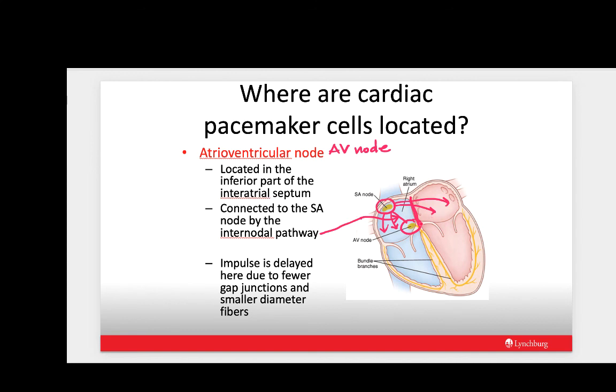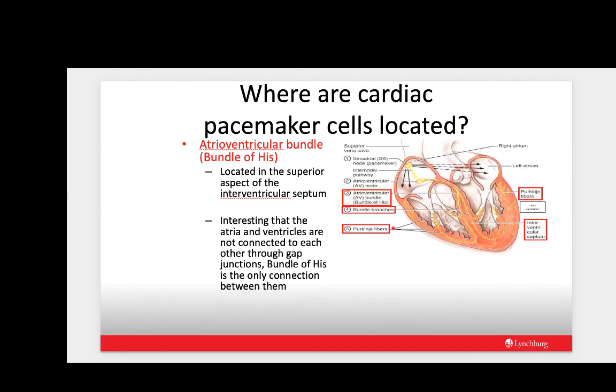Now, once the impulse hits the AV node, it actually delays just a little bit. Okay, so we have this very small delay, and that's because we have the next structure where the pacemaker cells are located, called the atrioventricular bundle, or AV bundle, or bundle of His.